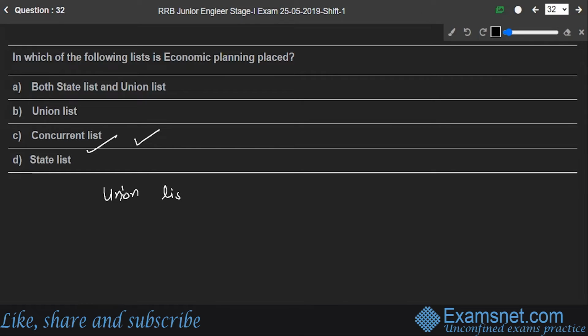Union list contains about 100 subjects, originally 97, of national importance, on which only the union government can make the laws. Then the state list contains 61 subjects, originally 67, on which only state governments can make the law.